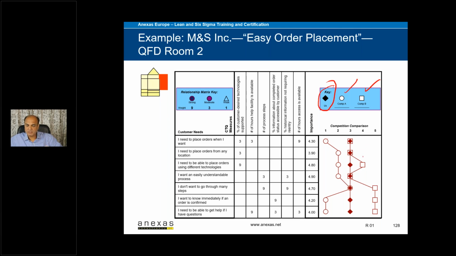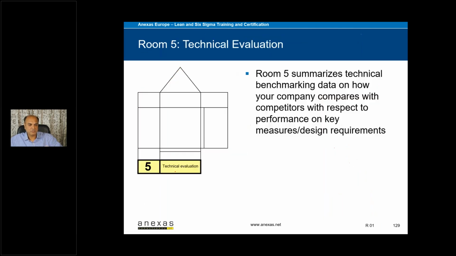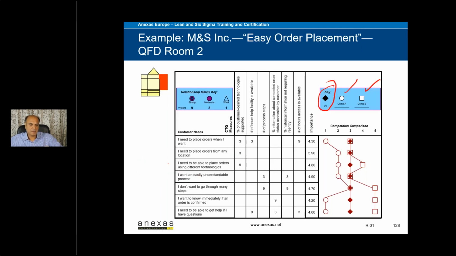Competitor B, in some needs, is able to satisfy better, and maybe customers find them better in some of those needs. For example, competitor B, in terms of being able to place orders using different technologies, is better than us.